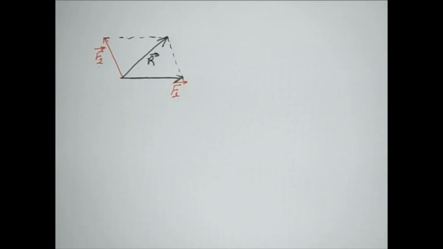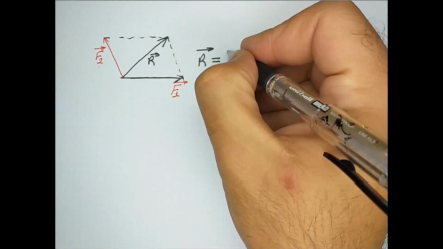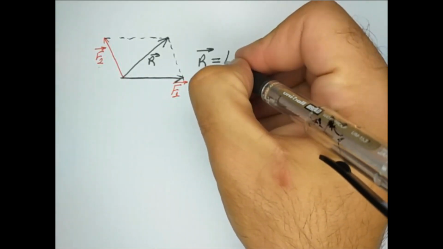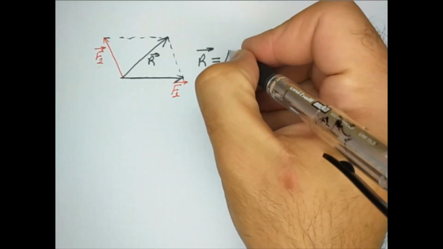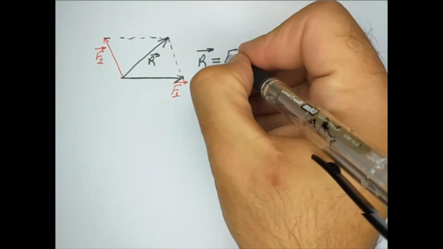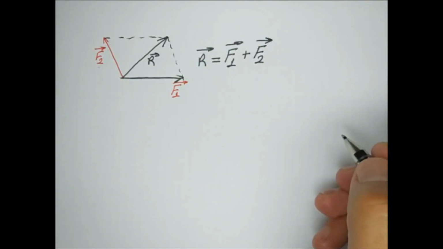Now I can use the cosine and sine theorem, so this angle is 120 degrees. As a result, this angle is 60 degrees.